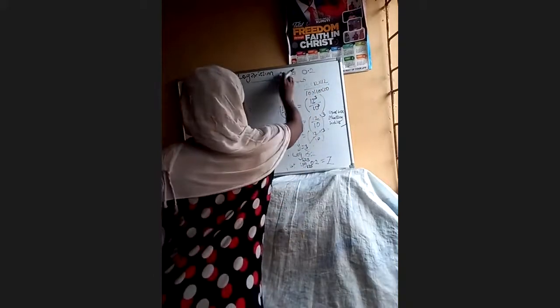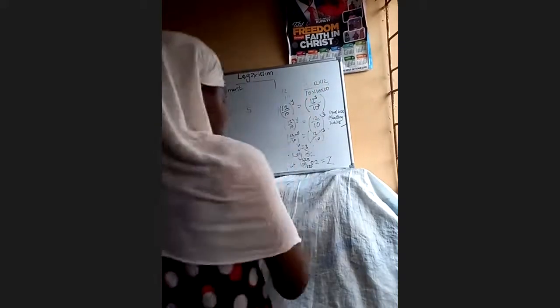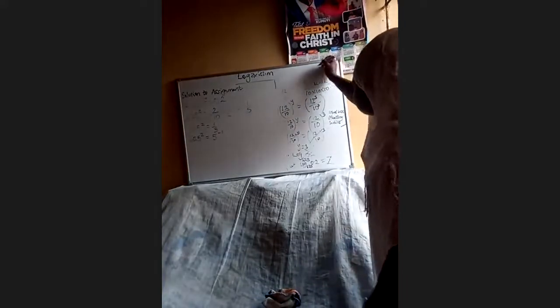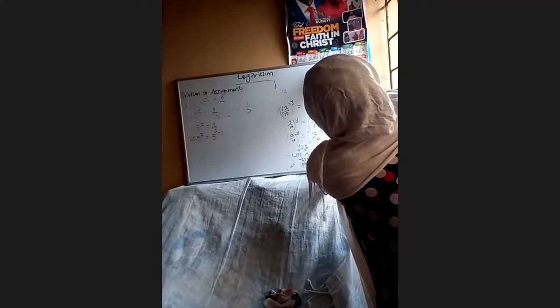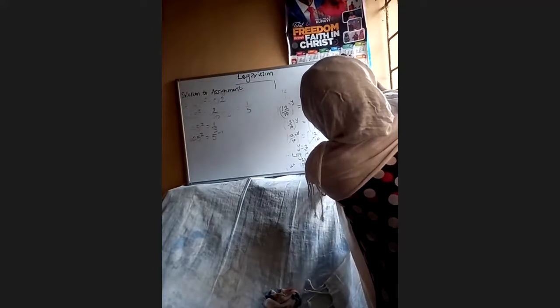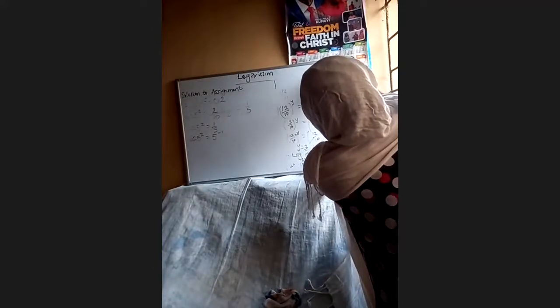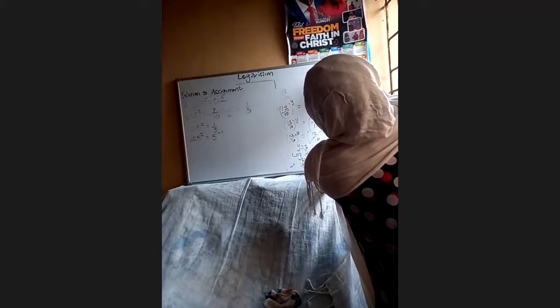breaking down 625, this is 25 times 25. 25 times 25 is the same thing as 5 times 5 times 5 times 5, which is 5 in 4 places, just to show us the workings.